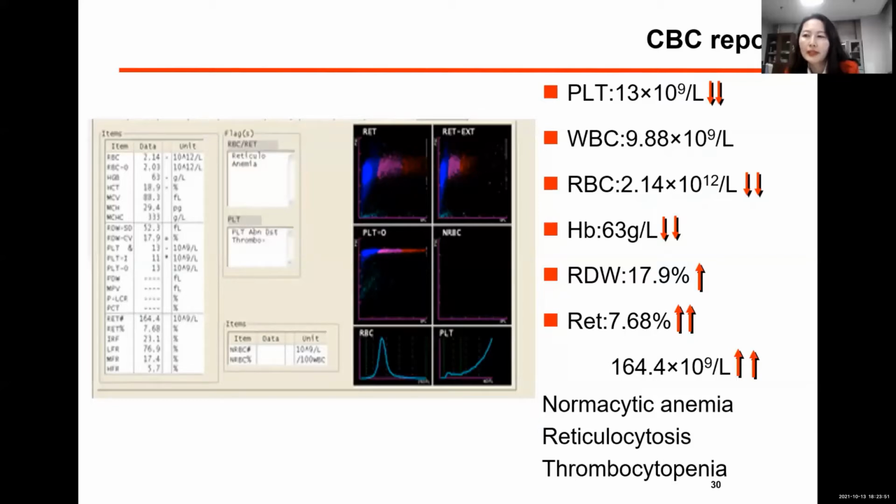RBC indexes MCV, MCH, MCHC were normal. The reticulocyte percentage and absolute count were significantly high. On the basis of this data, we consider she has a normocytic anemia with reticulocytosis and thrombocytopenia.